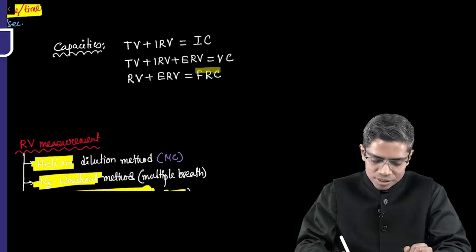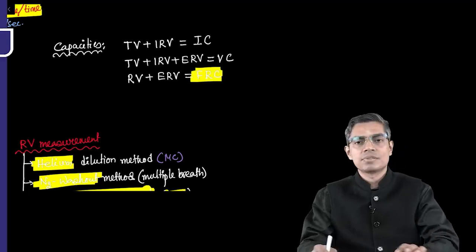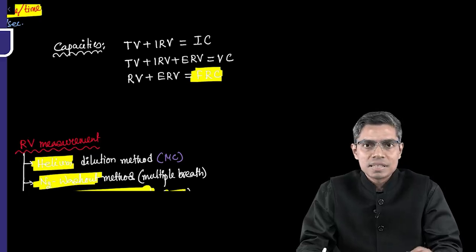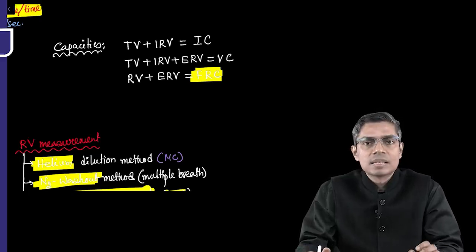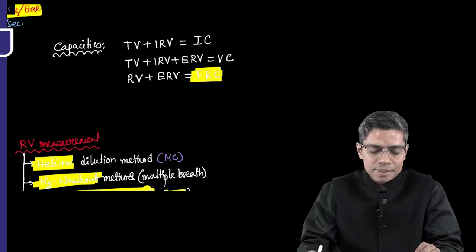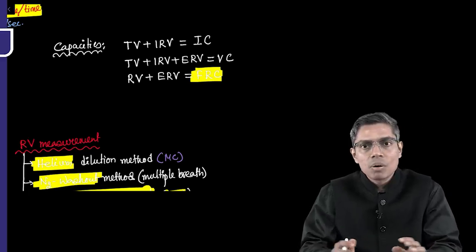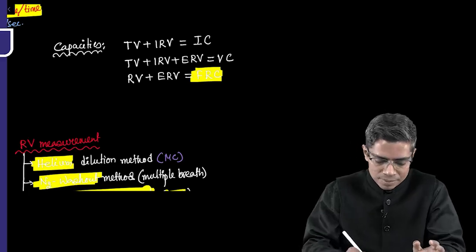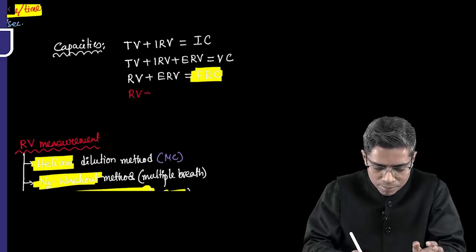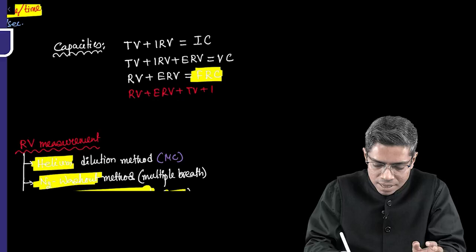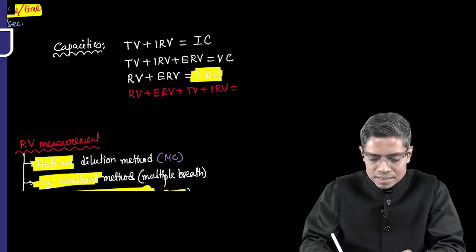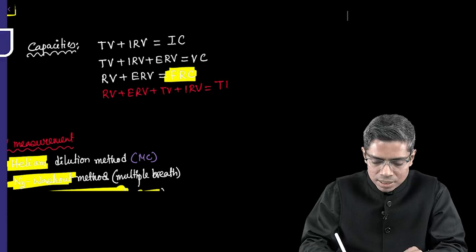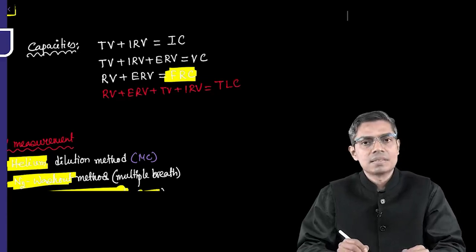We have discussed this functional residual capacity multiple times. This is known as the resting lung volume, resting capacity of the lung. That is nothing but RV plus ERV. And if you combine all these 4 lung volumes, for example, residual volume plus ERV plus TV plus IRV, that is known as total lung capacity.